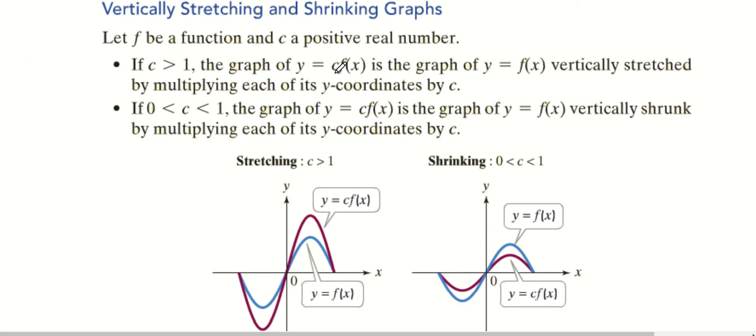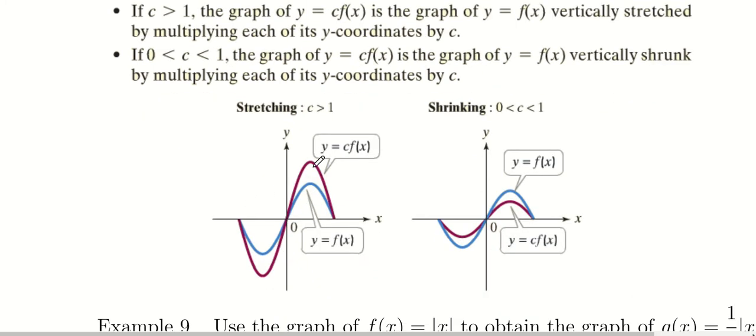Suppose we're multiplying the function f of x by a number c. If c is greater than 1, then we're multiplying these heights by values bigger than 1, which will create a larger y-coordinate compared to the original graph of f. The effect is that it vertically stretches the graph by a factor of c. So it's a vertical stretch by a factor of c when c is greater than 1.